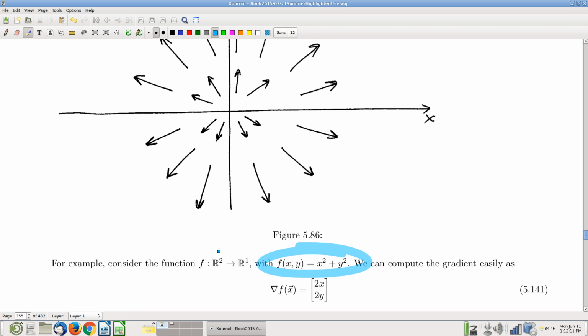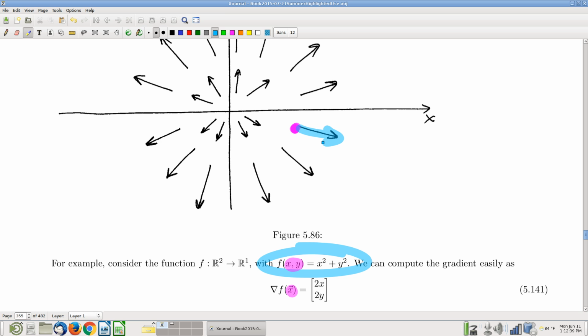Easy to compute the gradient. Here it is, 2x comma 2y. Again in chapter 4, we wrote down stuff like this. They're easy to compute. Then if you give me a particular point, focus our attention on that one point, at that point, x comma y, I can compute this vector.